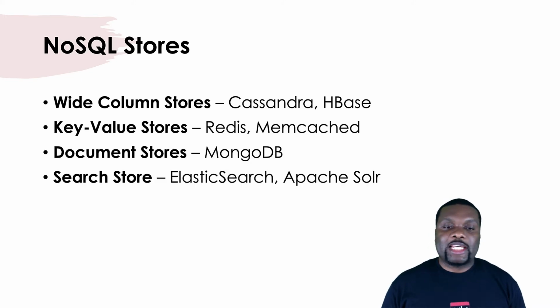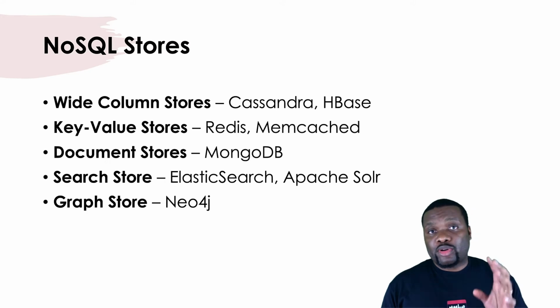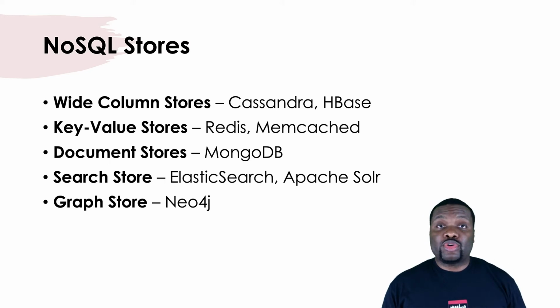We have Elasticsearch and Apache Solr that may also be used as document stores, and we have Neo4j, the graph store. So these are some of the key categories. I'm going to do a deep dive into each of these categories and tell you not just the examples, but the scenarios you want to use those particular data stores for.